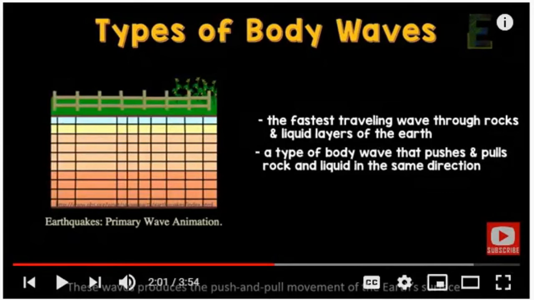So the mantle is partially liquid, and below that the outer core is a liquid layer. The crust layer is rock. The fastest traveling wave through rocks and liquid layers of the earth.